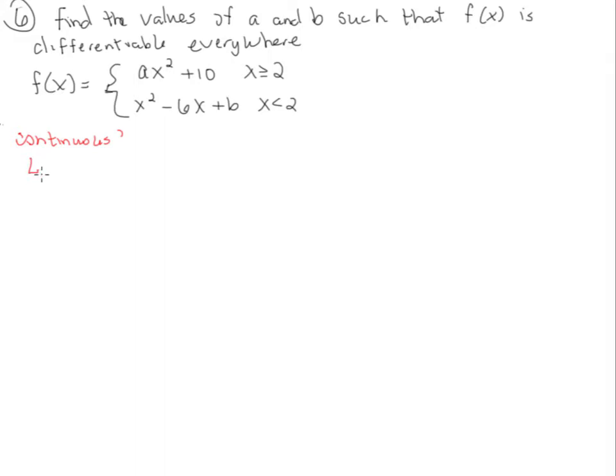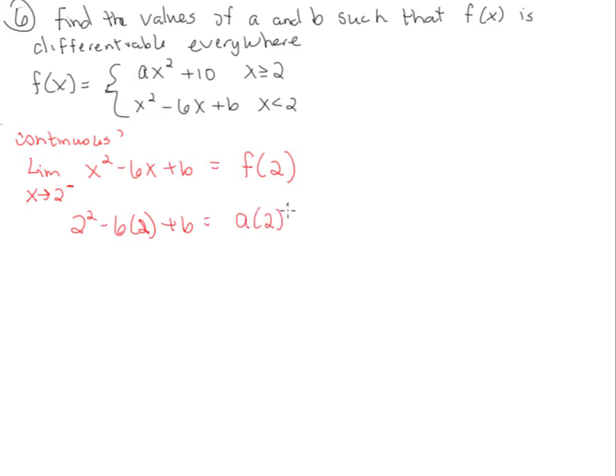So to figure out if it is continuous, I'll say the limit as x approaches 2 from the left of f of x, which would be the bottom equation, x squared minus 6x plus b, must be equal to our function value at 2. So using direct substitution into the limit equation, we get 2 squared minus 6 times 2 plus b has to equal, again substituting into the top equation, a times 2 squared plus 10.